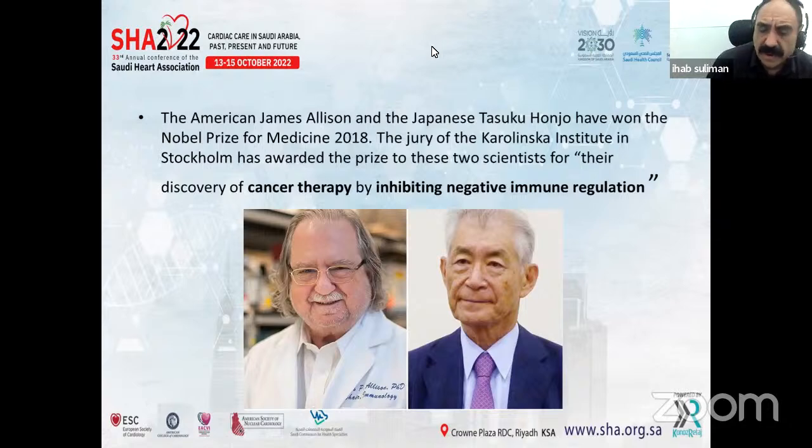They both won because they discovered ways to improve cancer therapy by inhibiting negative immune regulation. It means that we can activate the immune system of the patient to attack the cancer cells.